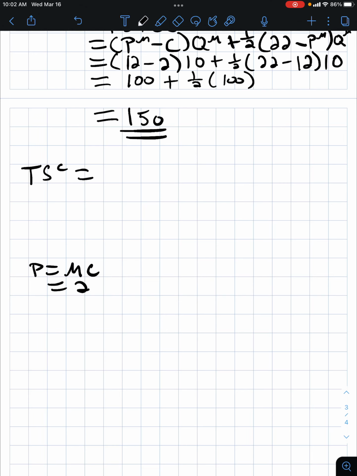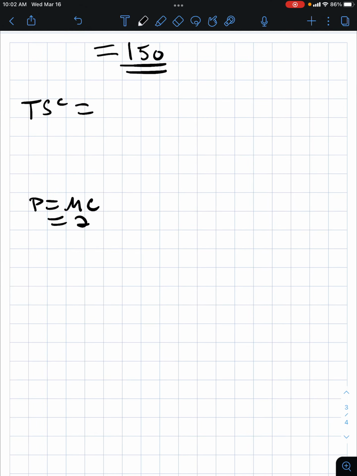Our marginal cost is 2. And remember, our inverse demand was 22 minus Q. So in a competitive setting, Q star is equal to 20, and P star would then be equal to 2.